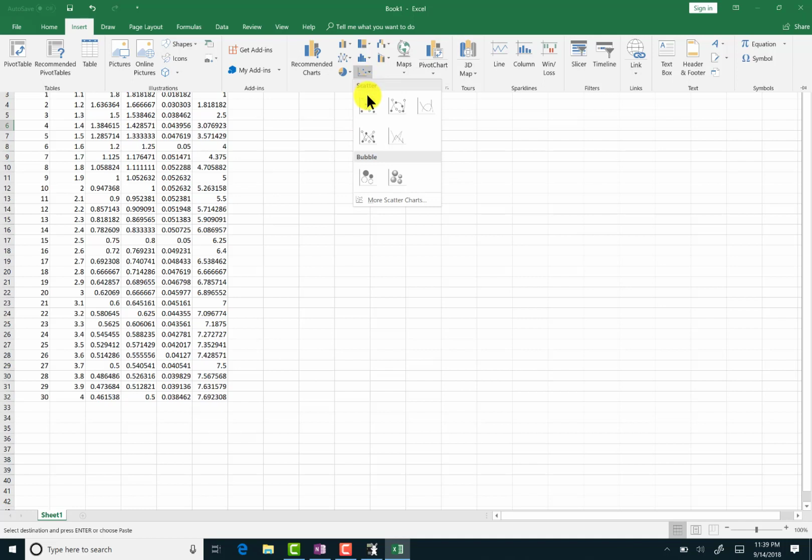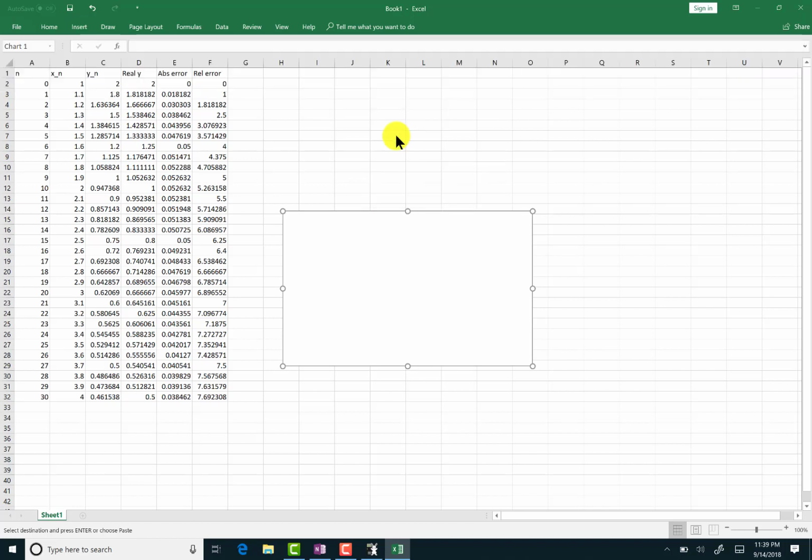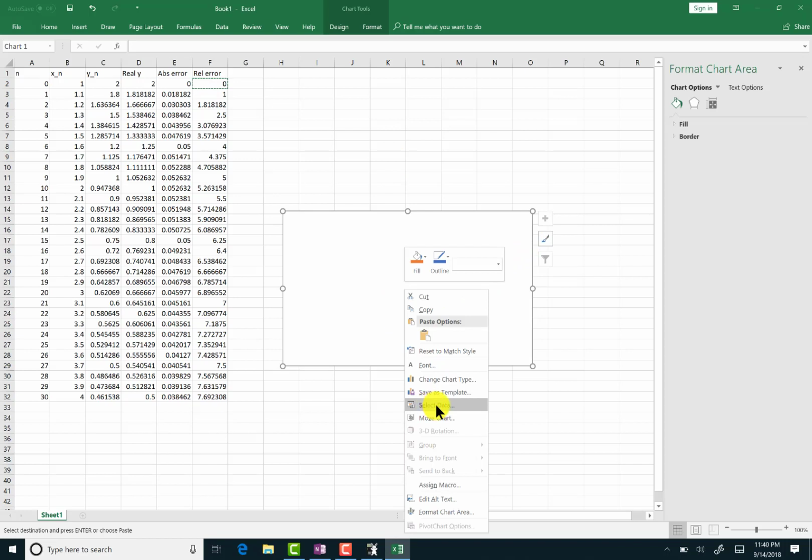So I'm going to do a scatter, but I would like to connect the dots. I don't want to do smooth, well, you could do smooth lines, but technically speaking, we'll have a scatter plot with straight lines. Now the question is, where's the data going to come from? There it is, select data. All right, so we're going to select our data.